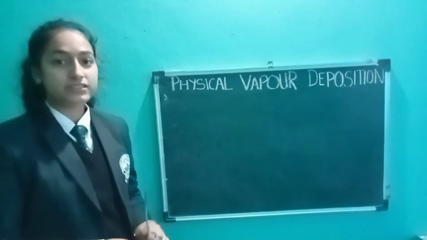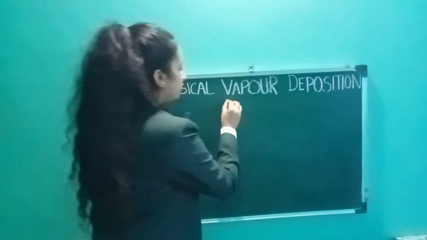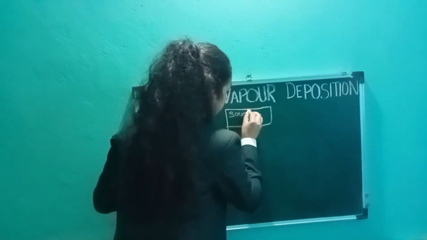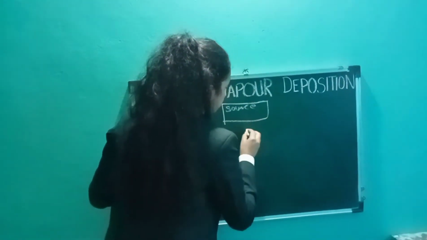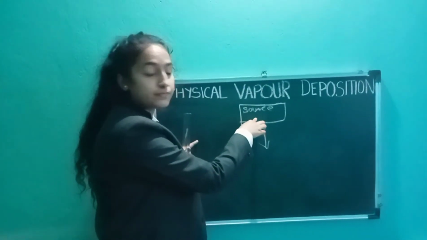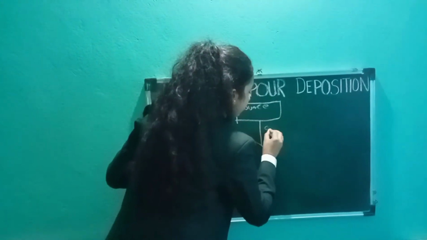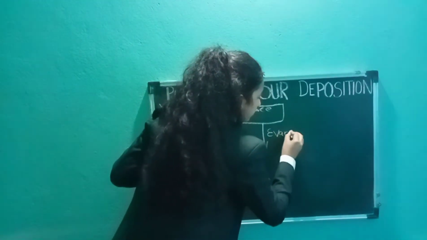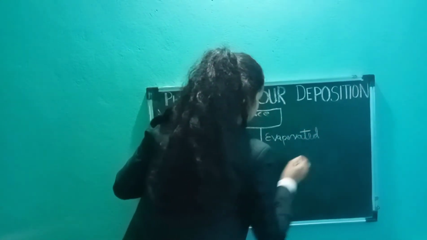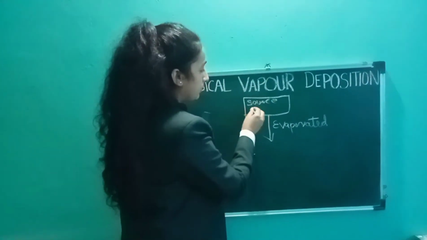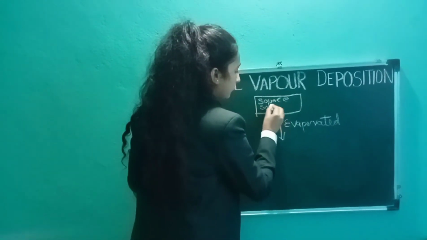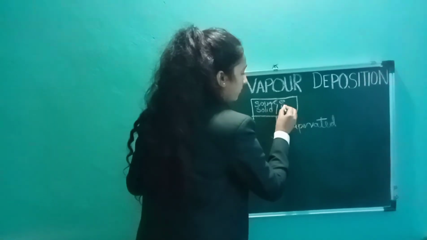Let's understand better with the help of a chart. Source. We need to take a source material, and after that it gets evaporated. After evaporation, the source which we have taken, it might be in solid form or in liquid form.